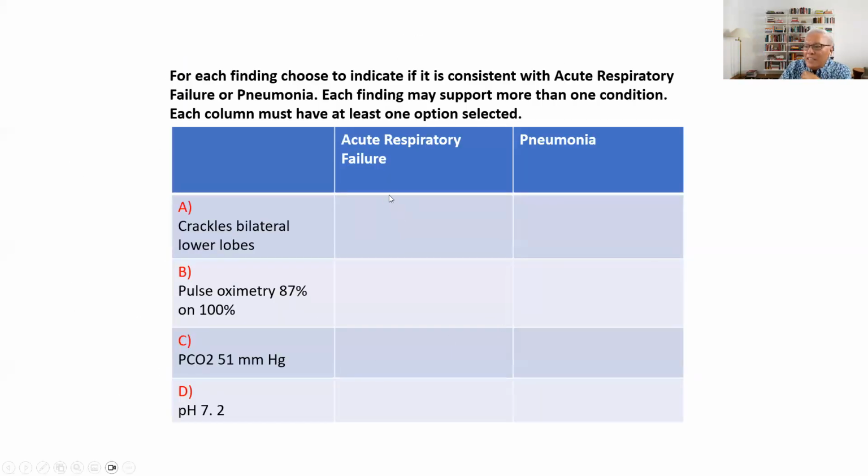For each finding, choose to indicate if it is consistent with acute respiratory failure or pneumonia, and each finding may support more than one condition. However, each column must have at least one option. Okay, so whenever we have bilateral crackles, is this something that you would see in acute respiratory failure?